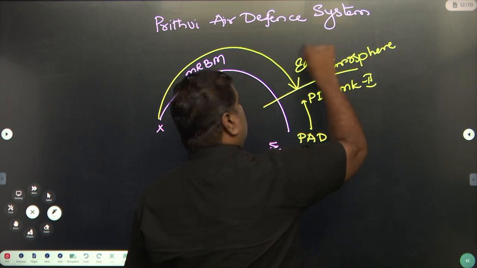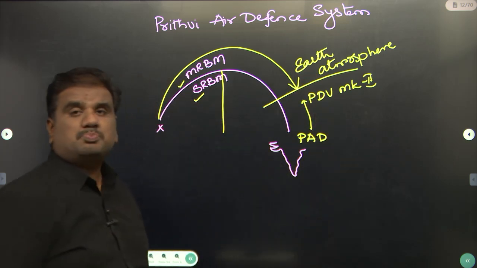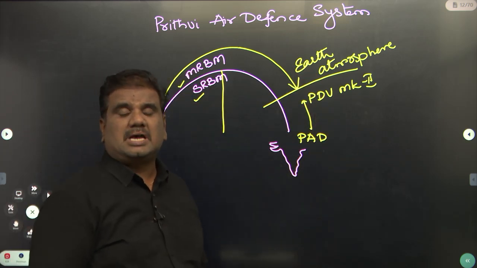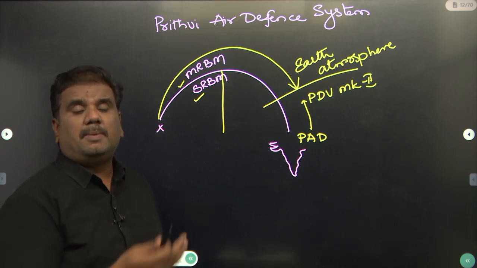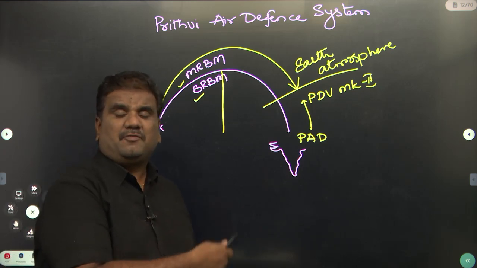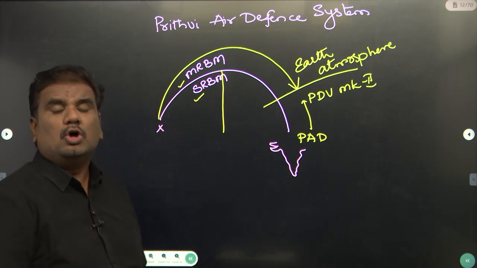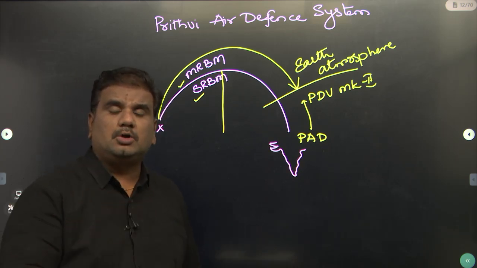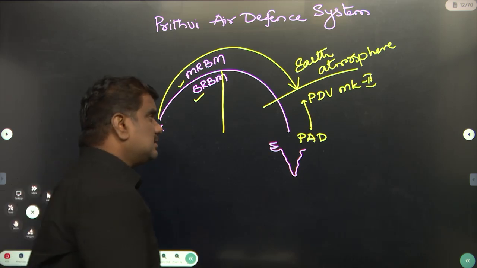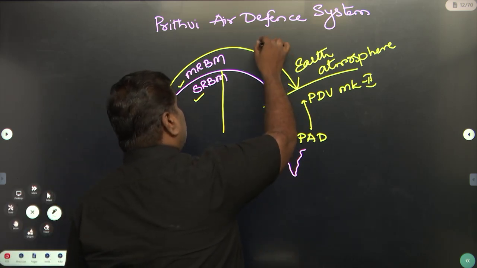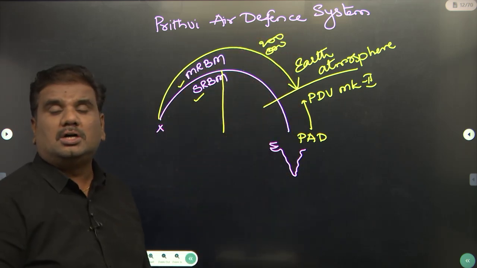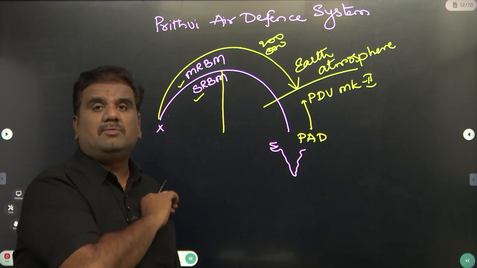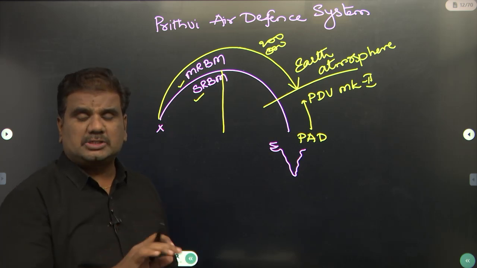In simple terms, the incoming ballistic missile launched by the enemy will be destroyed by the Prithvi Defense Vehicle Mark II before it enters Earth's atmosphere, maybe at a height of 200 or 300 kilometers. Before it enters Earth's atmosphere, the missile will be totally destroyed.